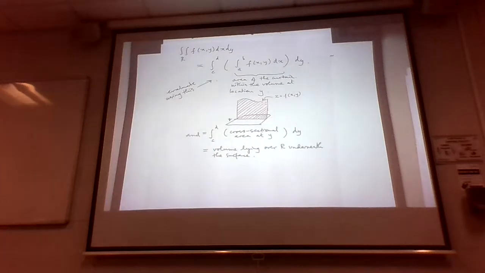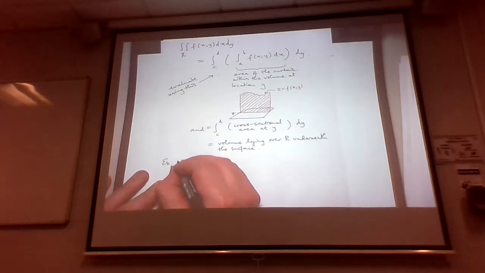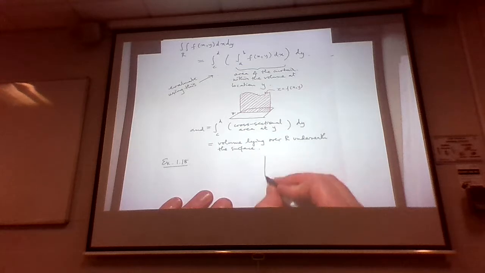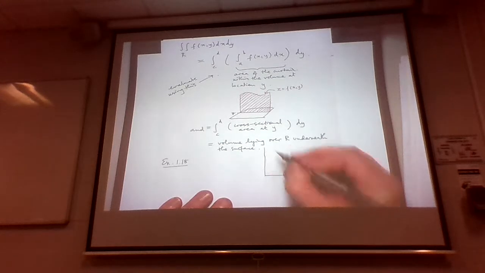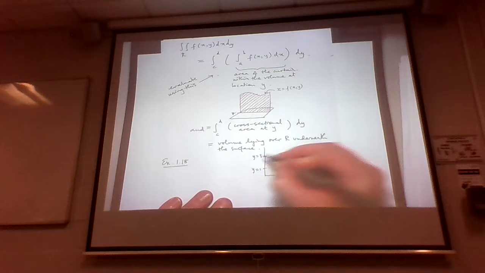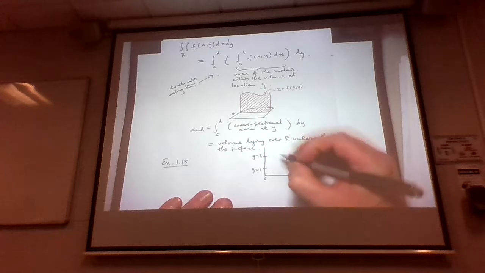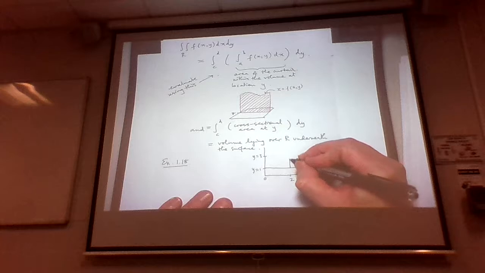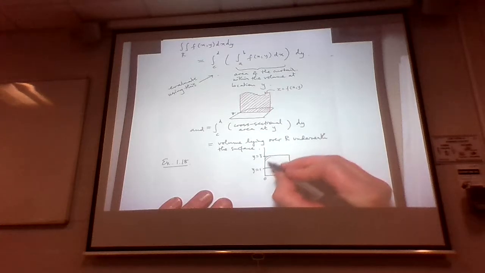So example 1.18. Which rectangle are we talking about? We're talking about the rectangle between x equals 0 and x equals 2, and y equals 1 and y equals 3. So we're talking about this rectangle here.